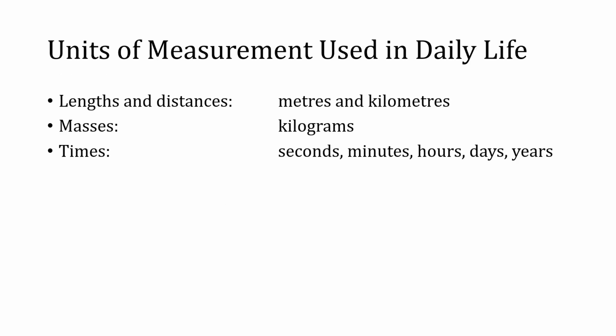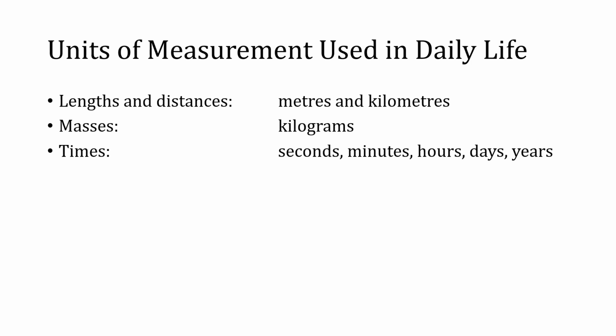Okay. Well, this is what I was just saying a moment ago about the kinds of things that we use in daily life. The units of measurement that we use in daily life are things like meters and kilometers for distances, or kilograms or pounds for masses, pounds being the imperial version of the kilogram.